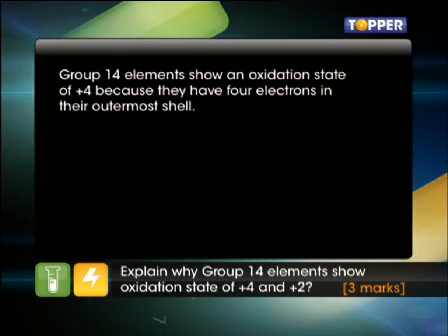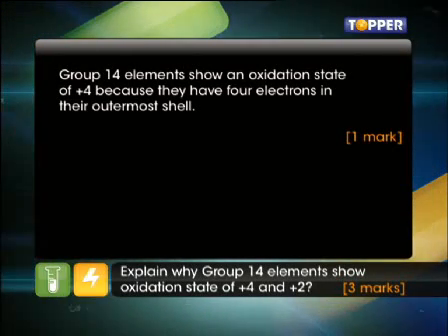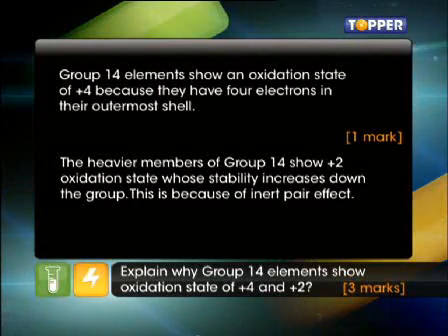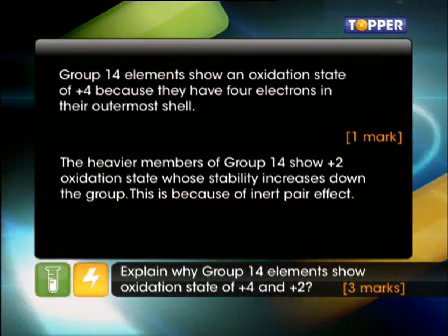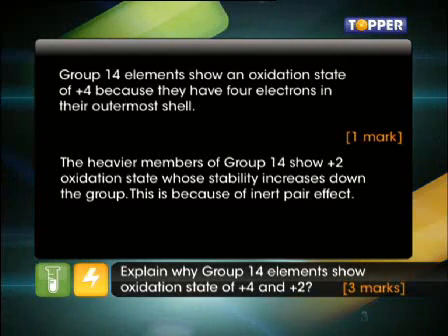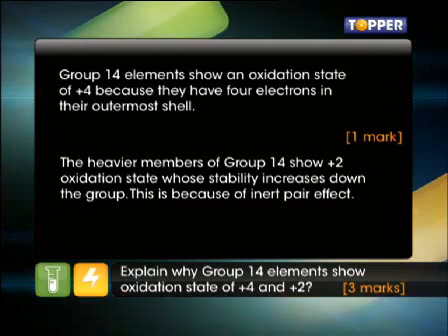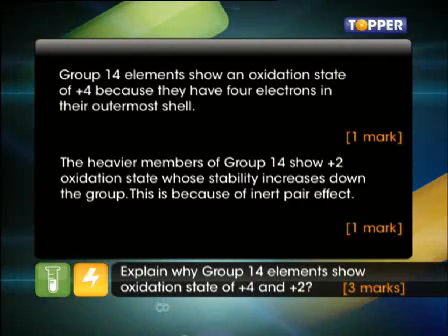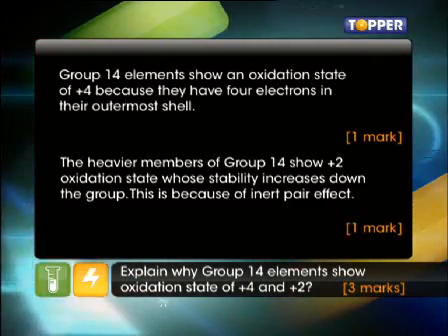The correct reason for this will fetch you 1 mark. The heavier members of group 14 show +2 oxidation state and their stability increases down the group. This is because of the inert pair effect. This statement will fetch you another 1 mark.